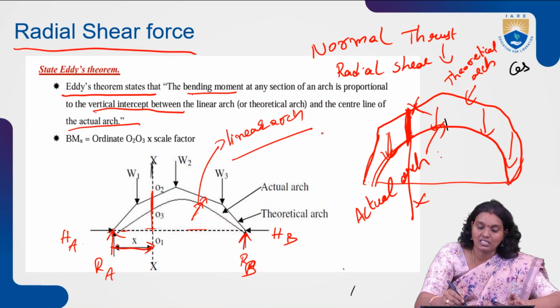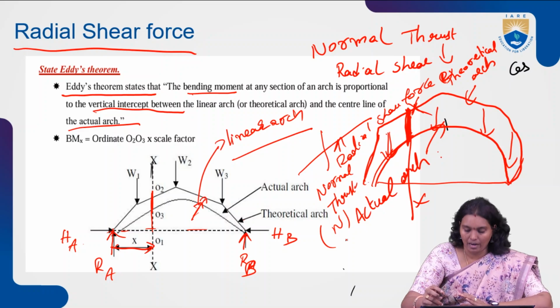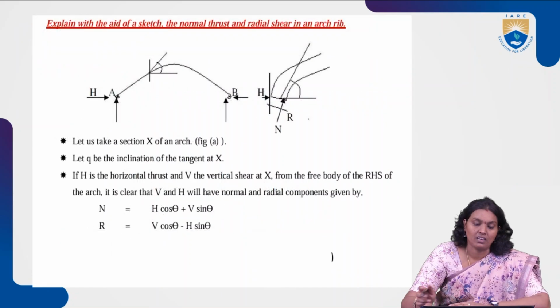Whenever the shear force is perpendicular to the normal thrust, it is the radial shear force. The notation of radial shear force is R, and the normal thrust is N. These are the parameters involved. Now we are understanding how normal thrust and radial shear are involved.